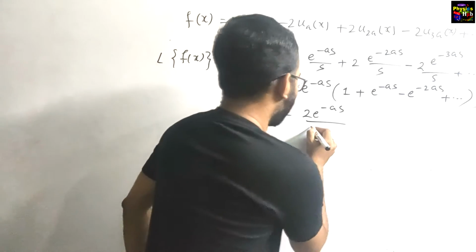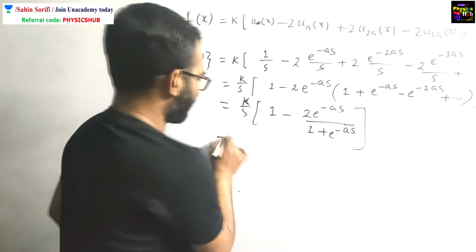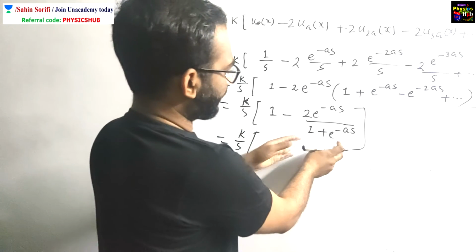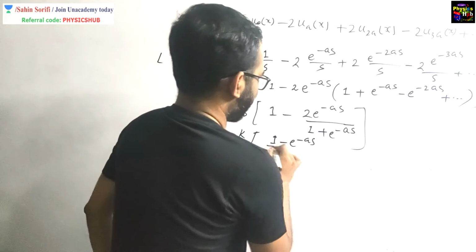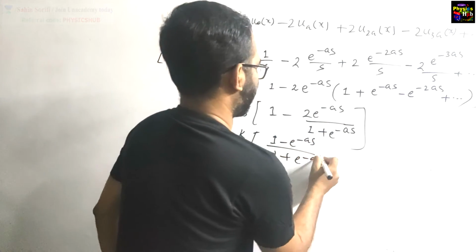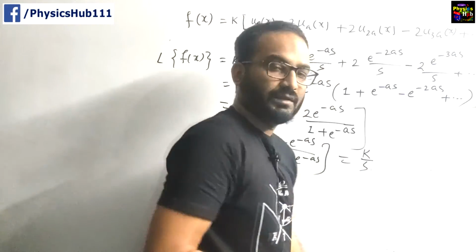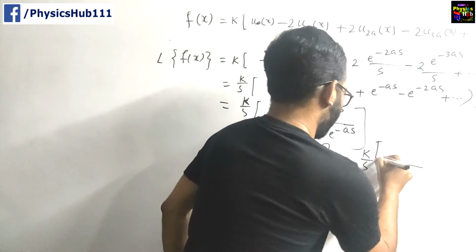So it becomes 1 plus e to the power minus as, and if you calculate that, you will get 1 plus e to the power minus as minus 2 e to the power minus as, so 1 minus e to the power minus as by 1 plus e to the power minus as. Now if you multiply numerator and denominator by e to the power as by 2, then what will you get?